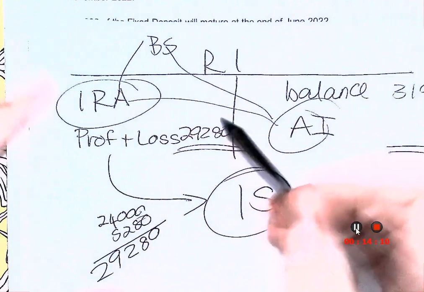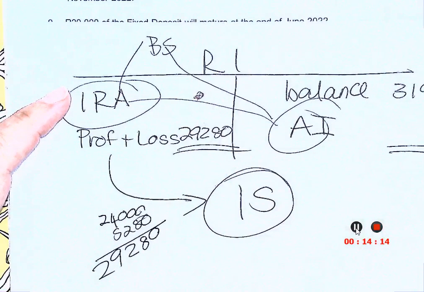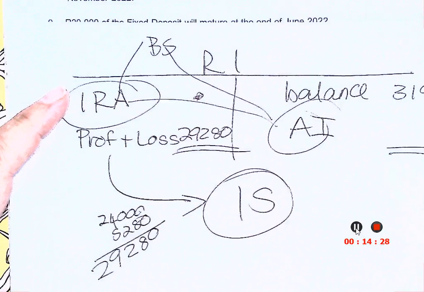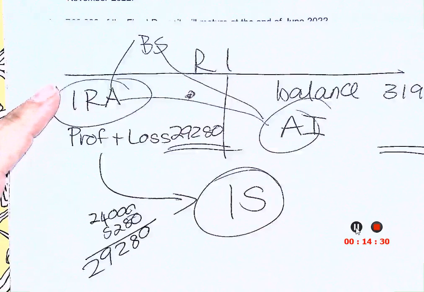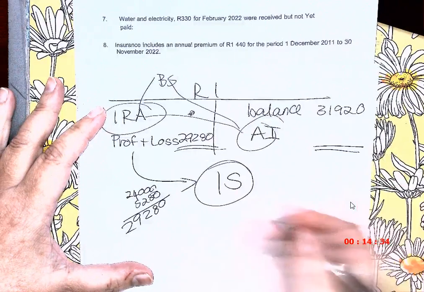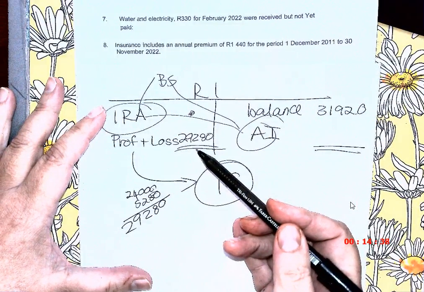Can you see, this side is short. And how much is that side short? What are you going to do? You're going to use your brain, and you're going to say, how do I balance? In other words, I'm going to say 31,920 less 29,280 gives me what?